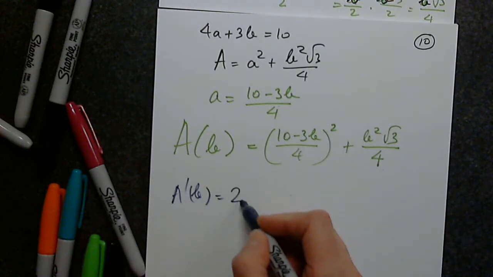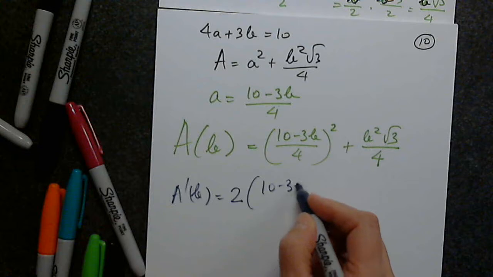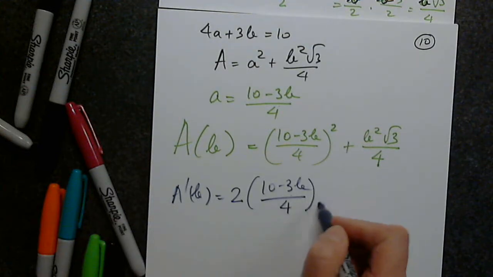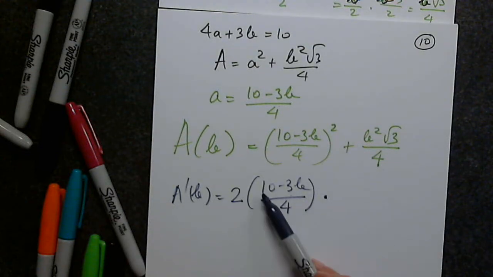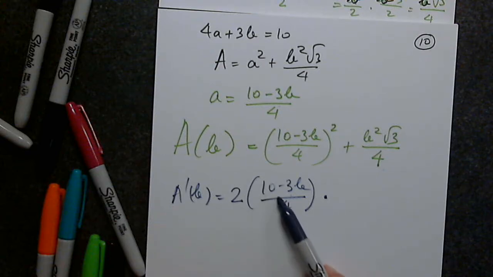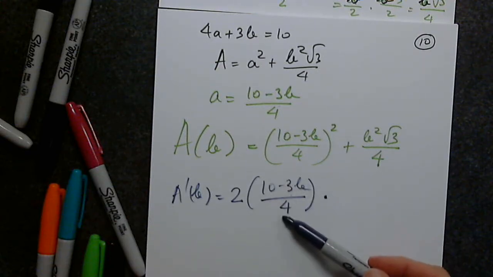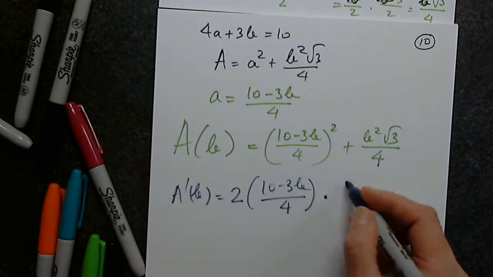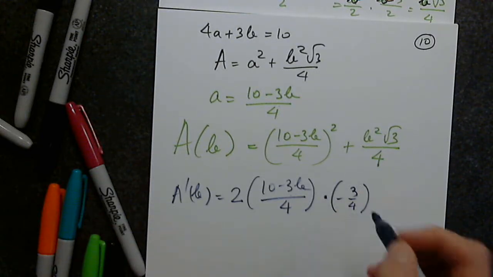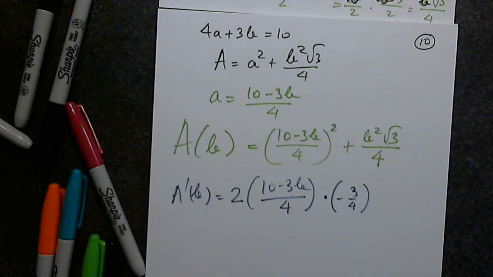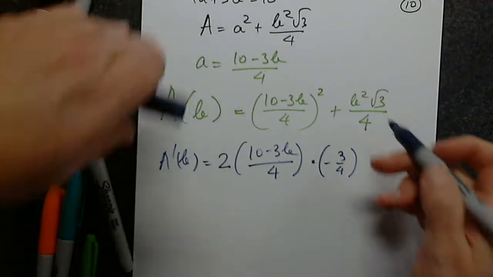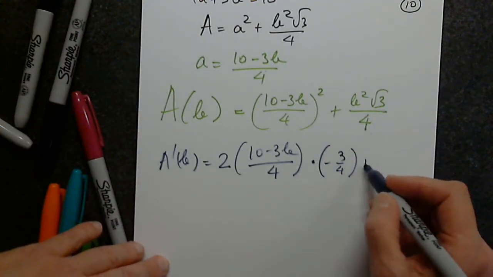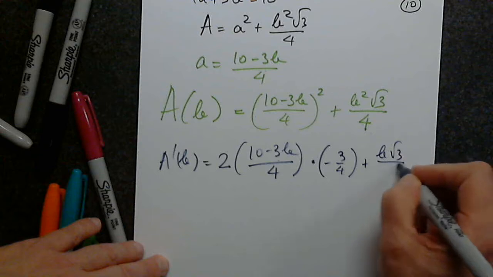Bring down the power: 10 minus 3B over 4 times, imagine that this is 10 over 4 minus 3B over 4. But 10 over 4 when I differentiate is 0. So I multiply by negative 3/4. Do we agree with this? Yes? Okay. Plus, I bring 2 down and simplify with 4, and I get B the square root of 3 over 2.